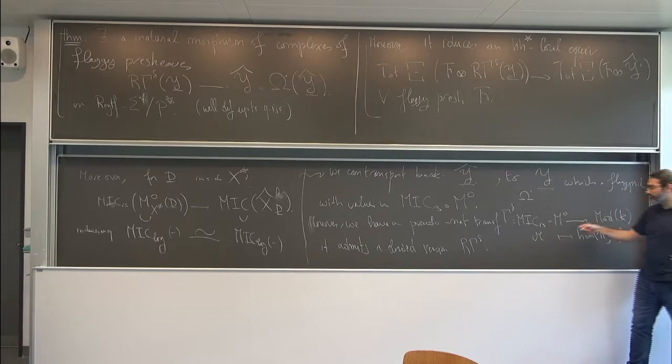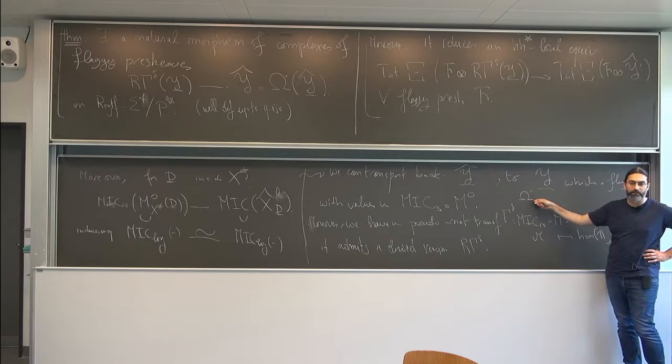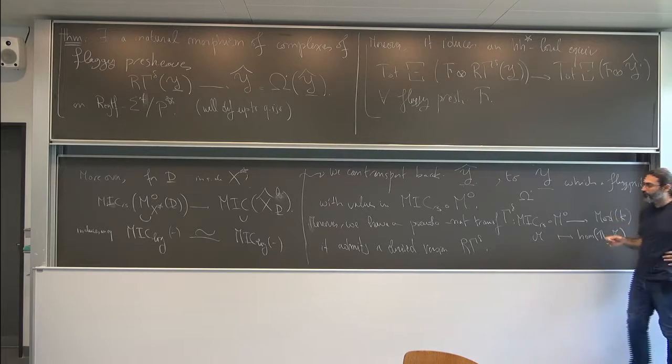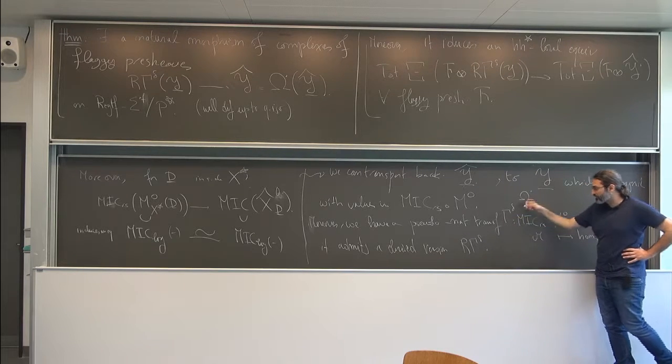I mean, of course, the derived Hom from 1 to something is closely related to the de Rham complex, right? It's not always the same, but it's really somehow morally quite close. Okay, so you could ask why would I take this instead of taking the de Rham complex?